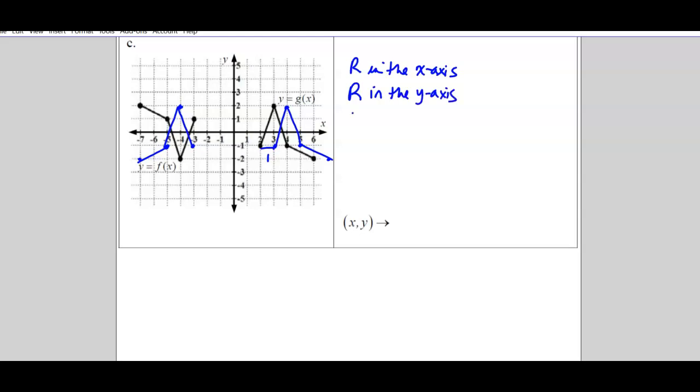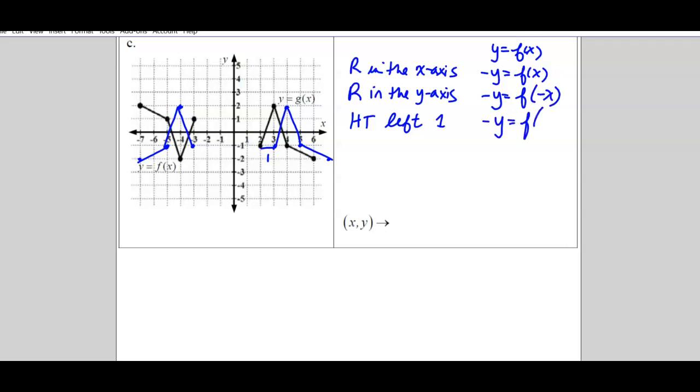And then horizontal translation, left. Okay, so y equals f of x. Reflection in the x-axis is -y. In the y-axis, use brackets, and then solving for y, we divide both sides by the negative in front of the f.